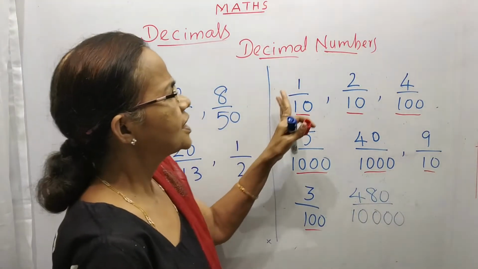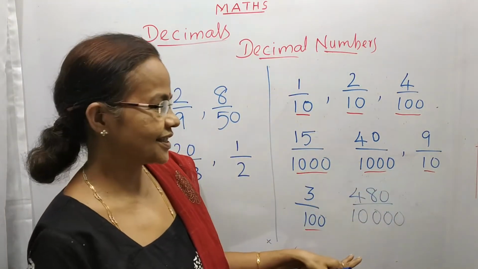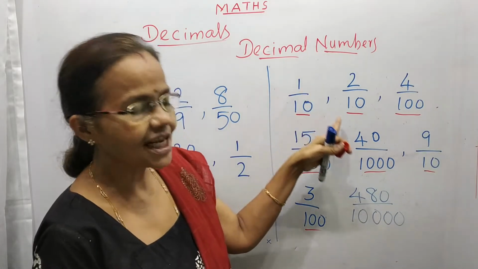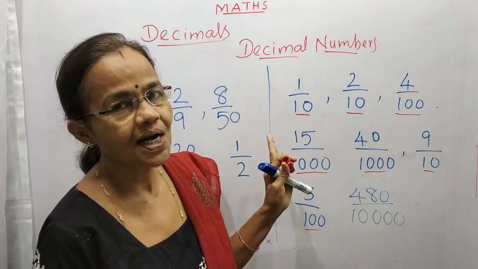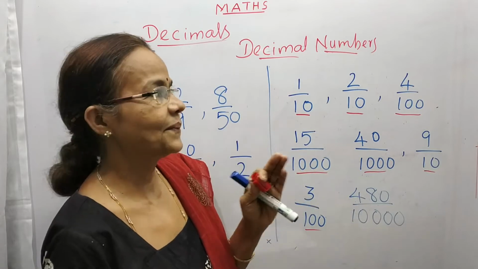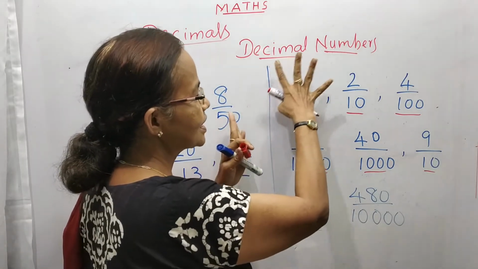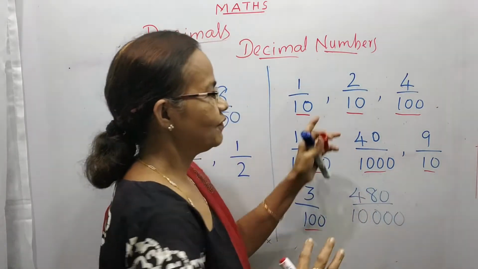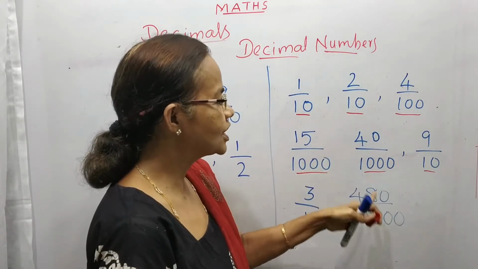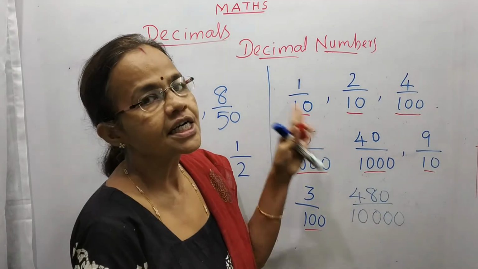This is the speciality of these fractions. This type of fractions are called decimal numbers. Decimal numbers are fractions with the denominator 10, 100, 1000, etc.